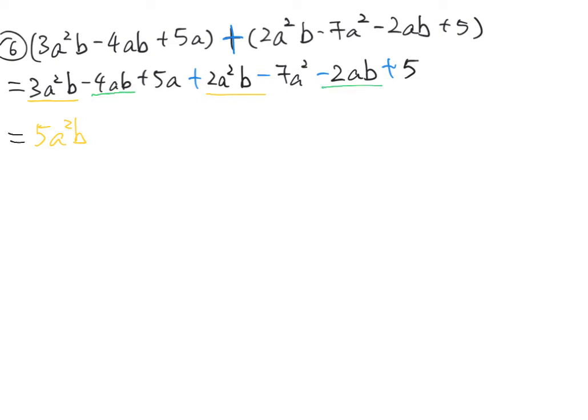Add them together. Minus 4 minus 2 minus 6. And then this is a. This is a squared. They are unlike terms. Okay? And also 5. It has no constant anymore. So all of these terms, just copy them here.